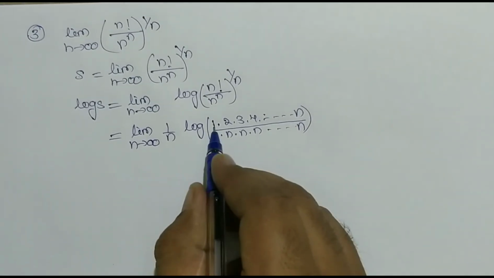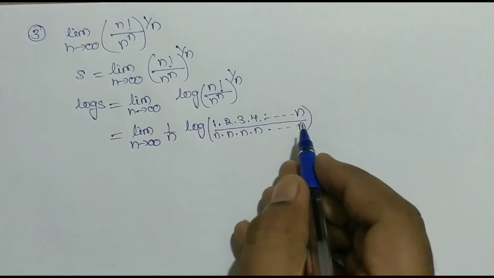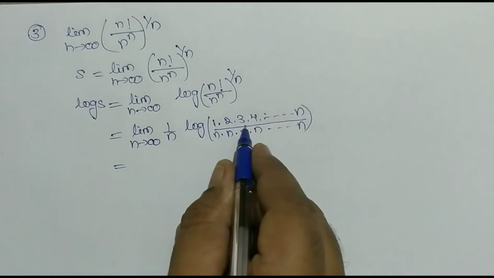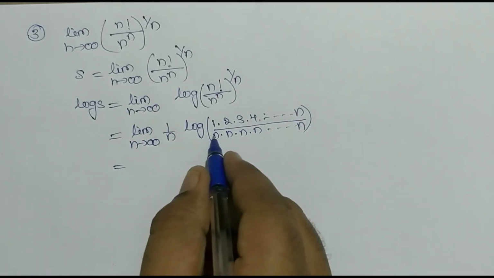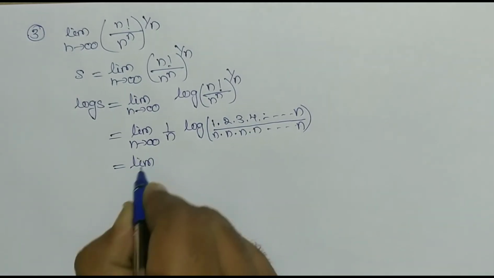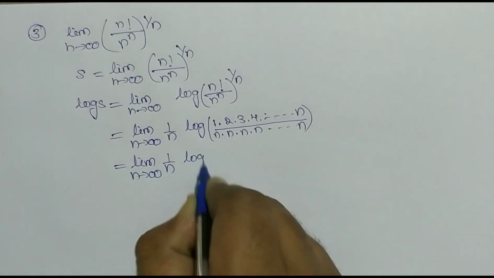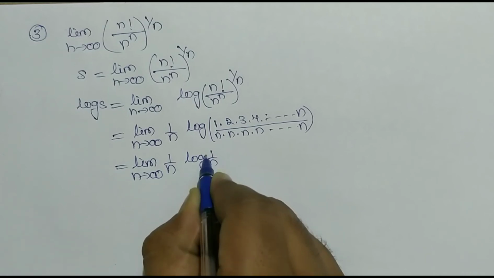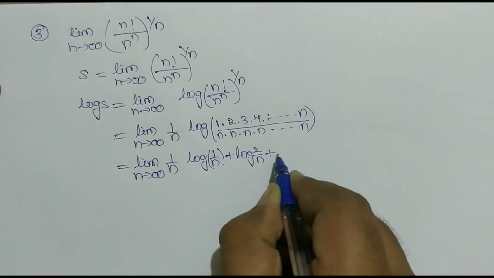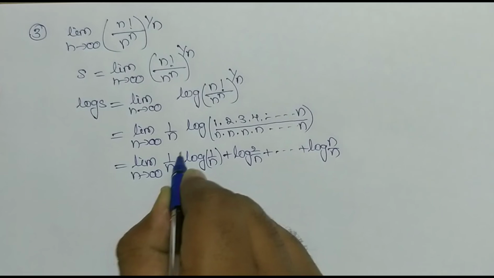Now we can write this as 1 by n, 2 by n, 3 by n, and n by n. Now log a into b into c into d, we can write as log a plus log b plus log c. So limit n tends to infinity, 1 by n (log 1 by n plus log 2 by n plus and so on log n upon n).